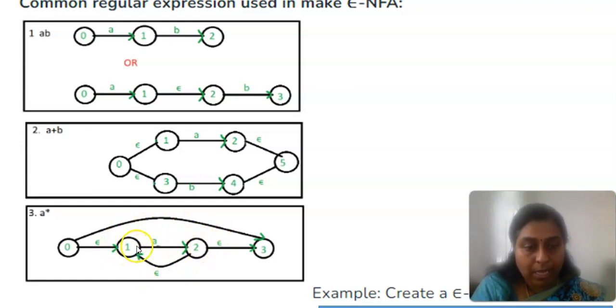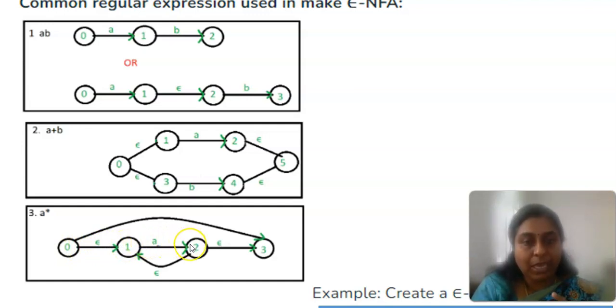As you can see, there is a loop from 2 to 1, created by an edge labeled epsilon. And when we come across, say, 2 A's or 3 A's, from the initial state 0, it goes to 1 by a null move, and from 1, the first A will be read.